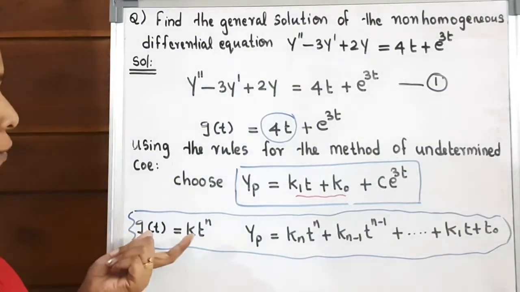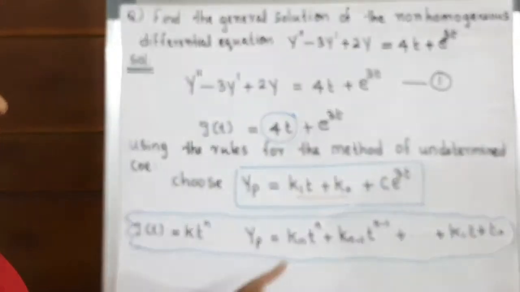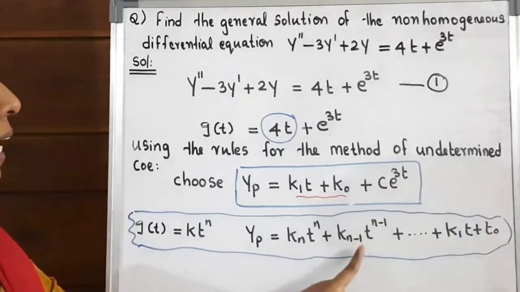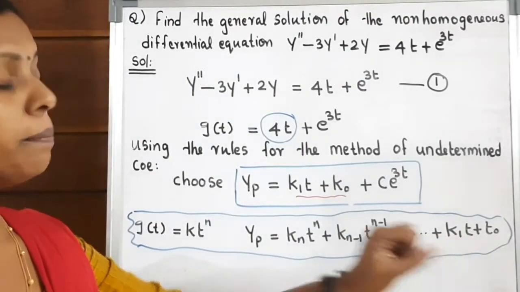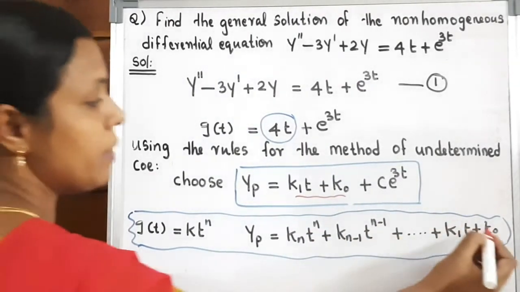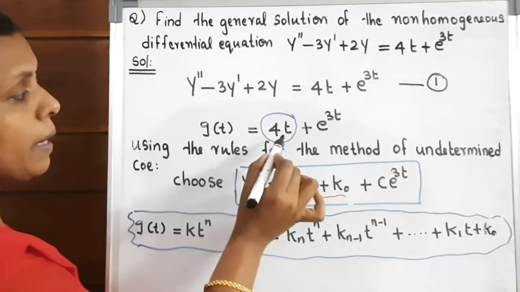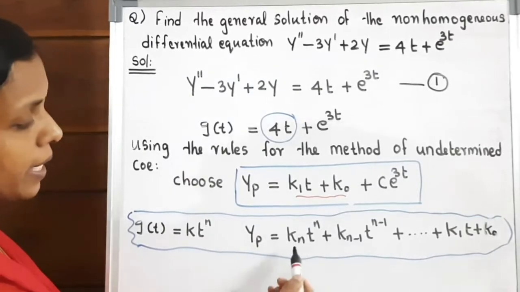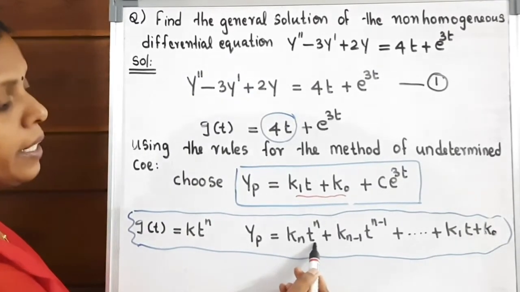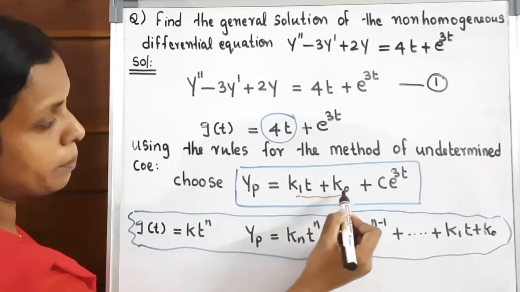Then yp is of the form kn t raised to n plus kn minus 1 t raised to n minus 1 plus etcetera plus k1t plus k0. The power of t is 1, so putting n is equal to 1, we get k1t plus k0.